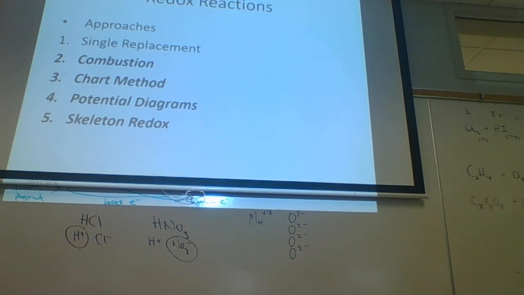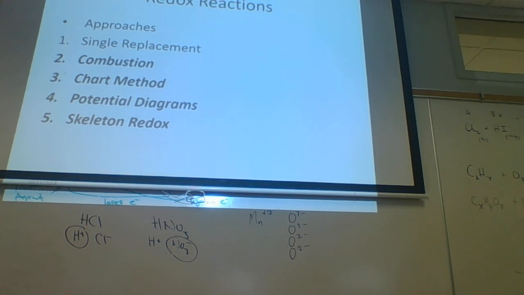If we look at an alcohol, let's take ethanol. Does ethanol burn? Yes. Ethanol is given the formula C2H5OH. What we're going to do is combine it and then look at the charge. We're going to call this C2H6O. We look at the typical charges.